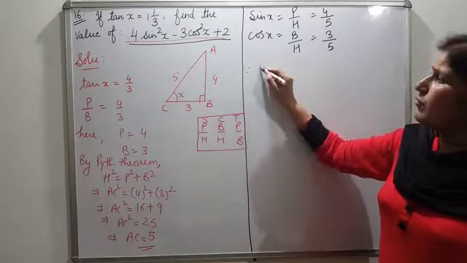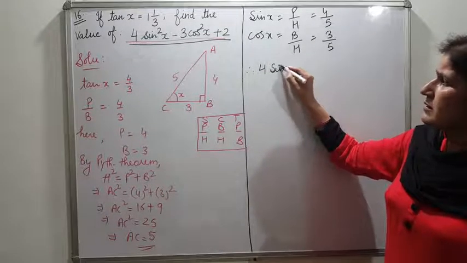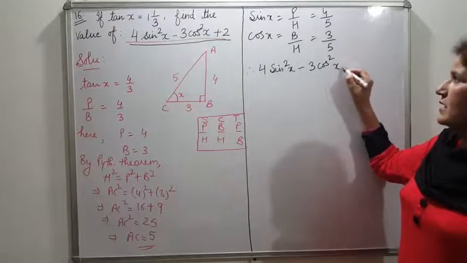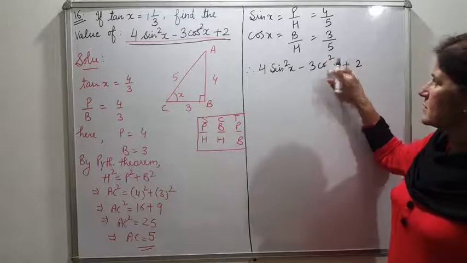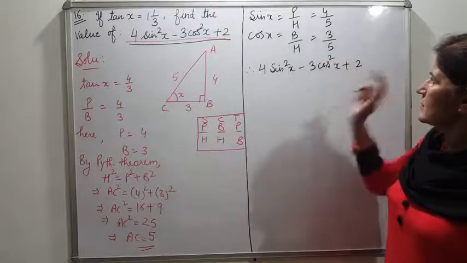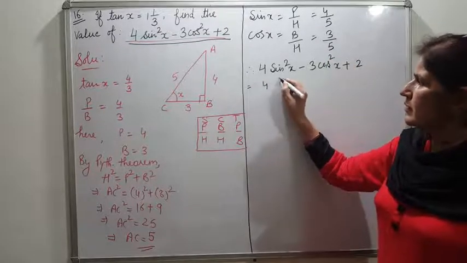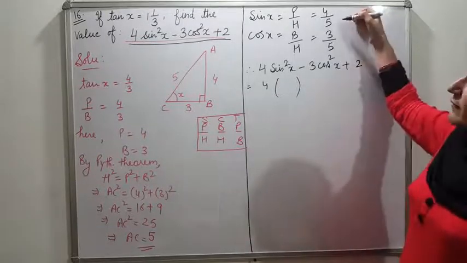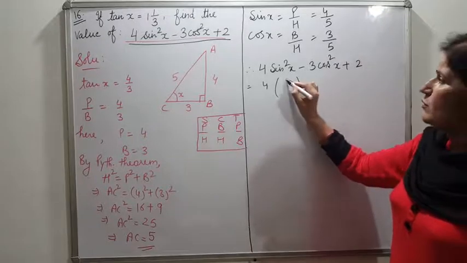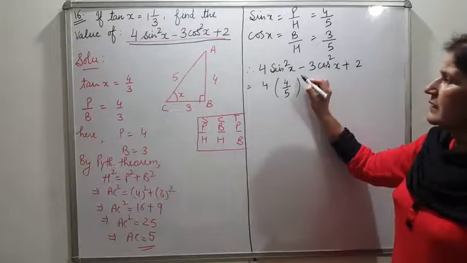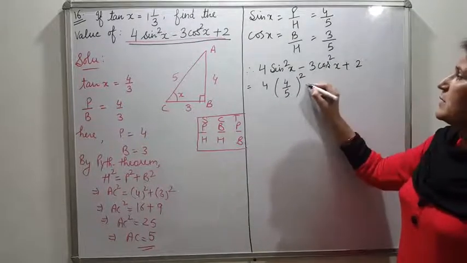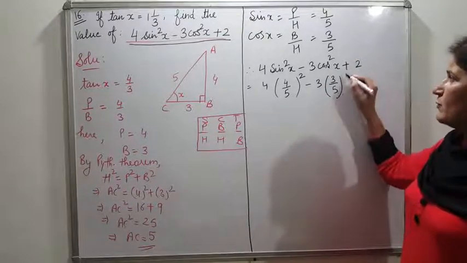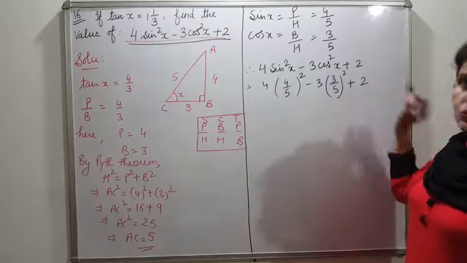Therefore the value of 4 sin square x minus 3 cos square x plus 2 equals 4 into whatever value of sin x we have calculated here, we substitute and then take its square. Similarly, 3 times square of 3 upon 5 plus 2.